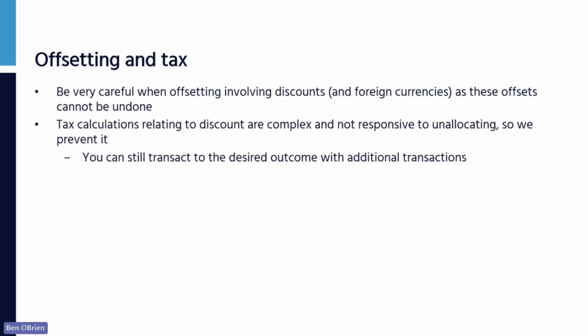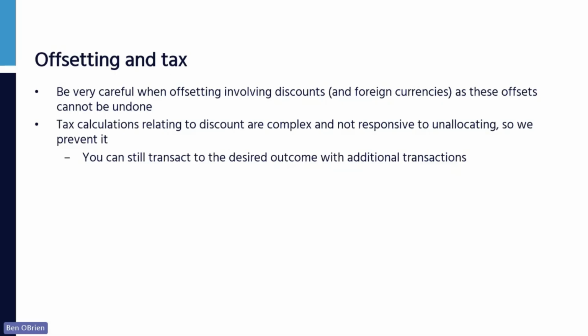But be very careful when offsetting, especially if it involves discounts or foreign currencies, because those offsets cannot be undone. Just bear that in mind as well. The reason for that is that tax calculations relating to discounts are quite complex, and if we were to unallocate and unoffset them, it would get things into a real quagmire.